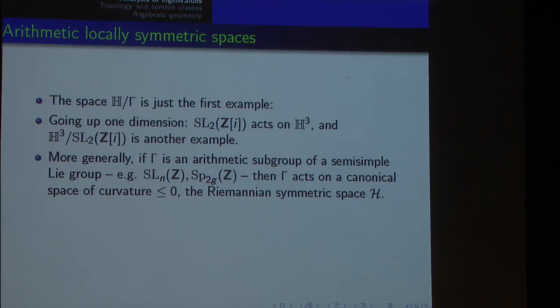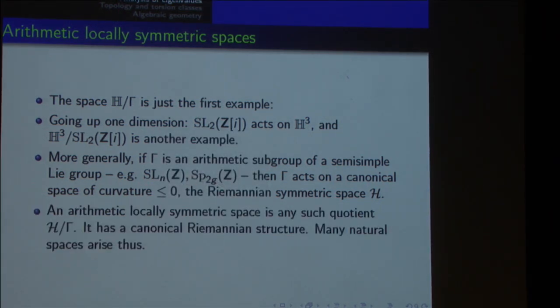For SLNZ, for example, it's the space of positive definite symmetric matrices of determinant 1, which you can give an invariant Riemannian structure. And then the general definition of arithmetic locally symmetric space is you could take a quotient of this symmetric space by that group gamma.